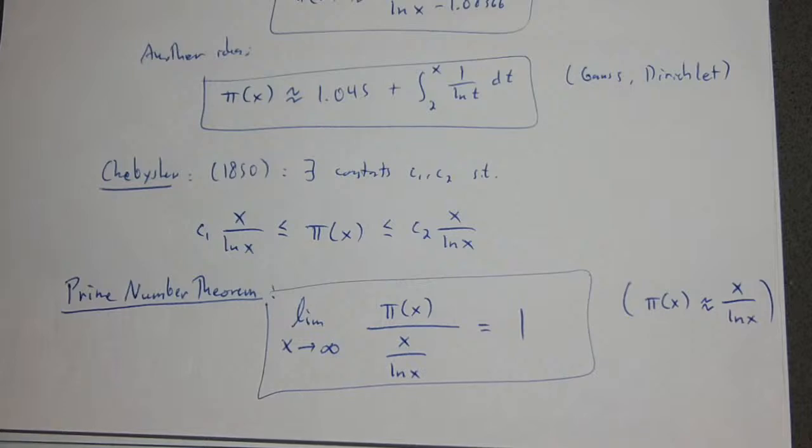Another example of this is constructivists versus the non-constructivists. It was Brouwer and Kronecker, maybe. I can't remember if both of them were constructivists or just Brouwer was and Kronecker was not. But what was a constructivist?